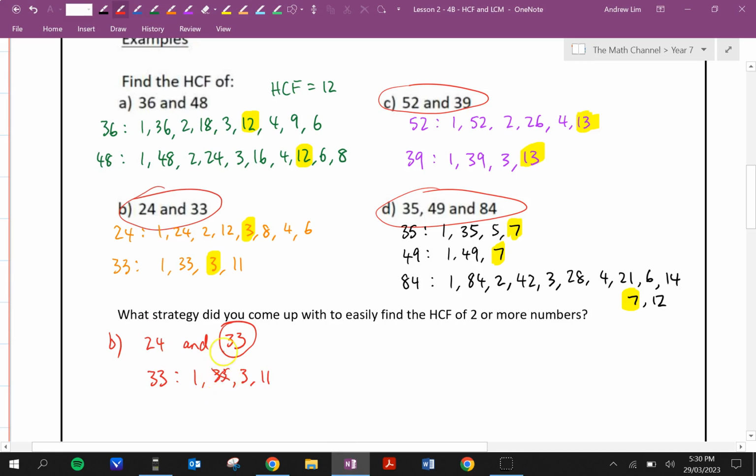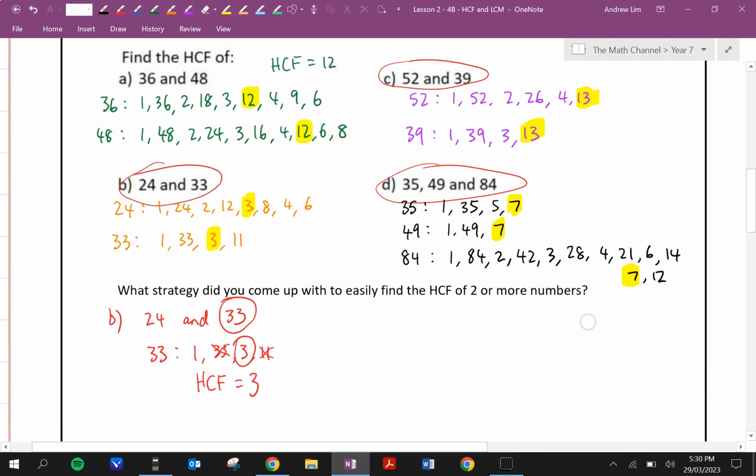No. Can I divide 24 by the next highest number? No. Can I divide 24 by the next highest number? Yes. So the highest common factor is 3. For question C, 52 and 39, I would assume 39 will have fewer factors, because it's odd.